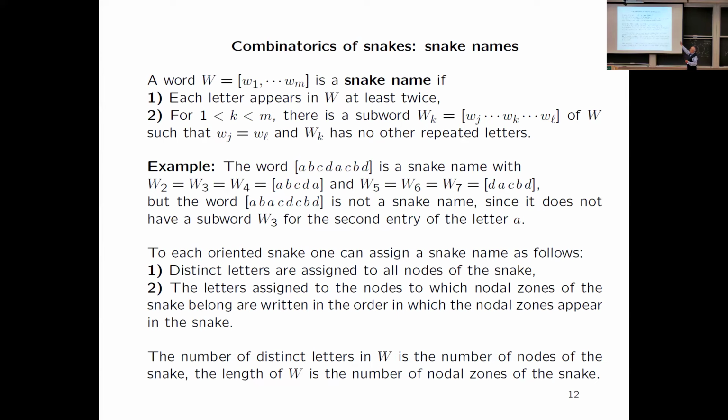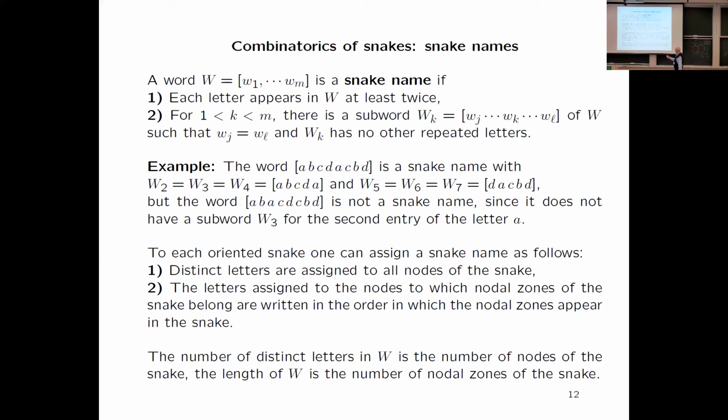And exactly the 2 minimal such Hölder triangles would give you this WJ and WL, which belong to the same node, and that makes them not normally embedded. So there is some kind of maybe combinatorially strange, but geometrically very natural condition on this word, which is a snake name.